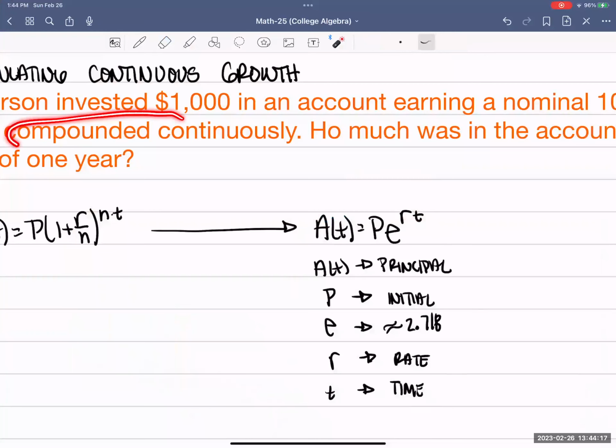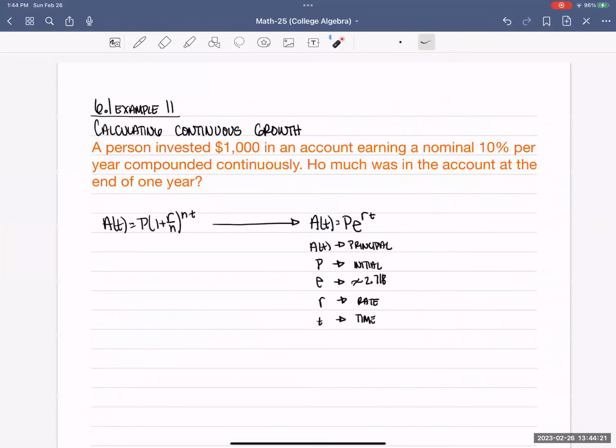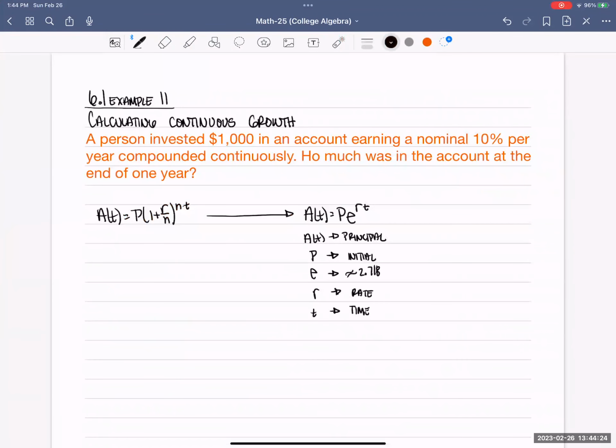So let's see, a person invested $1,000. So your initial investment was 1,000 in an account earning a nominal 10%, 0.1, per year compounded continuously.